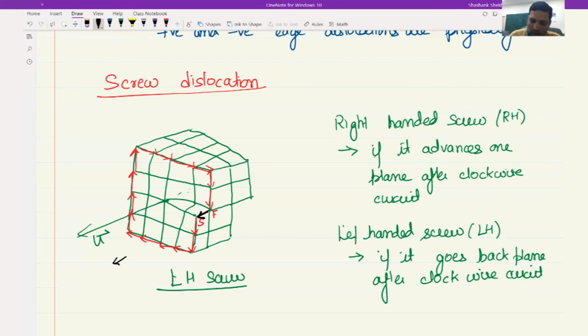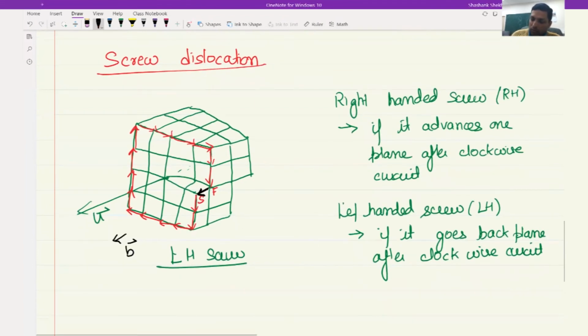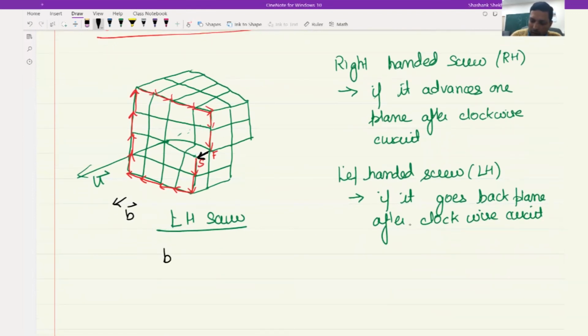So here the Burgers vector is parallel to the line direction, parallel or anti-parallel. So in the screw dislocation, it will always be that the Burgers vector would be parallel or anti-parallel to the line vector.